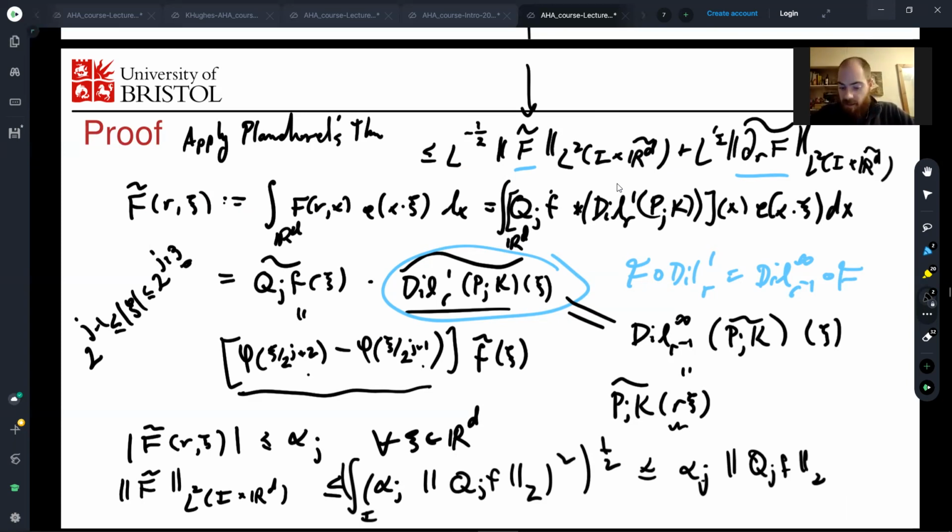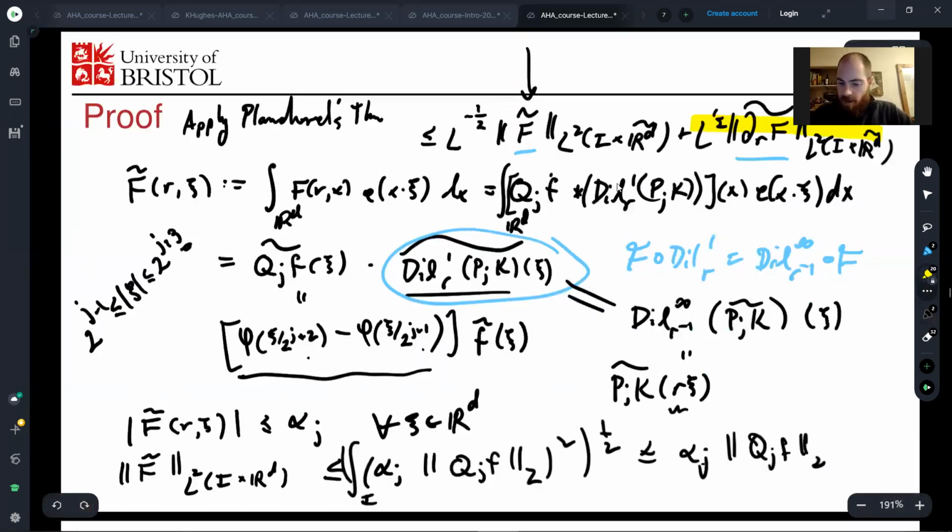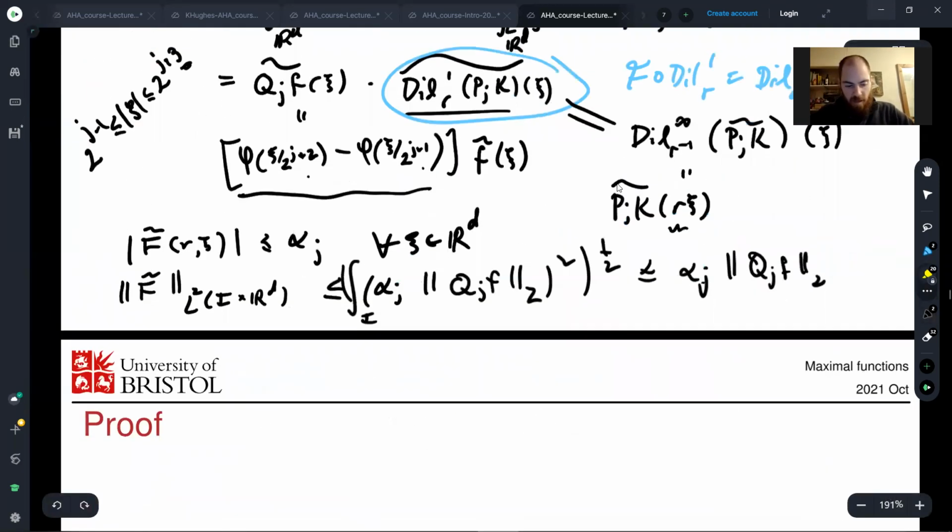I guess, are there any more questions or comments before I go on to the second term? This term right here. It's a bit more complicated, but not too much so. Okay, I'll go on with it. So let's just write it down here.